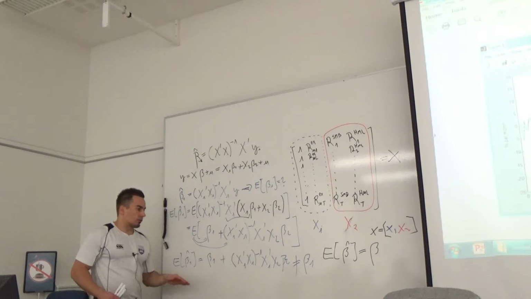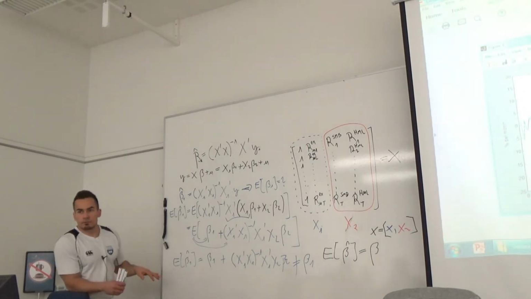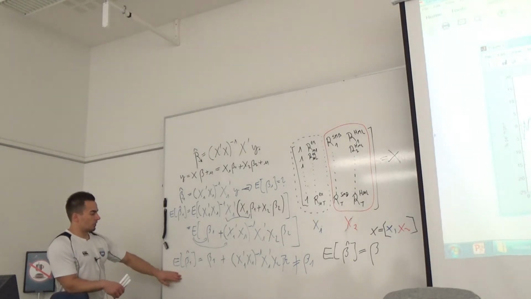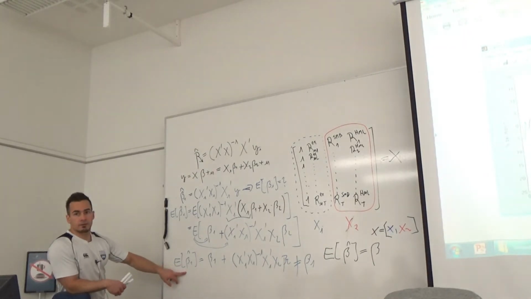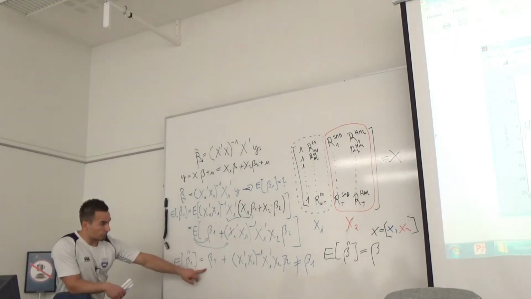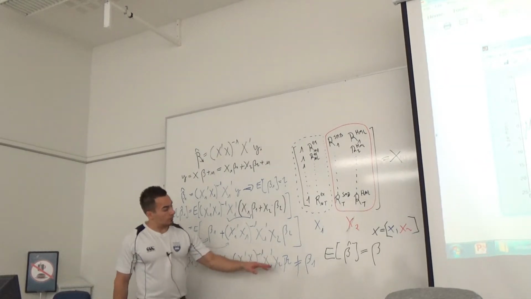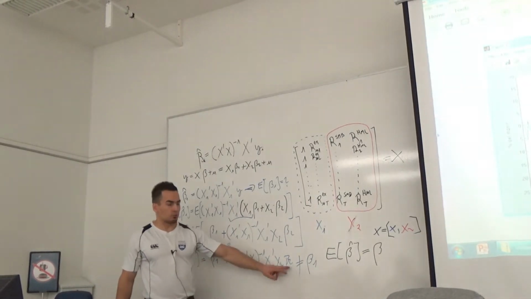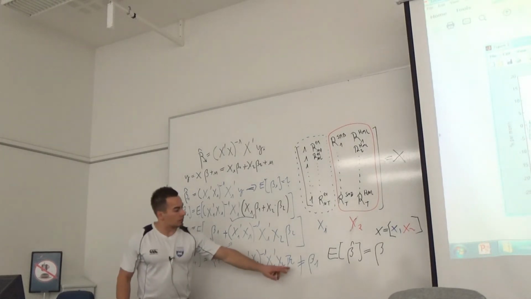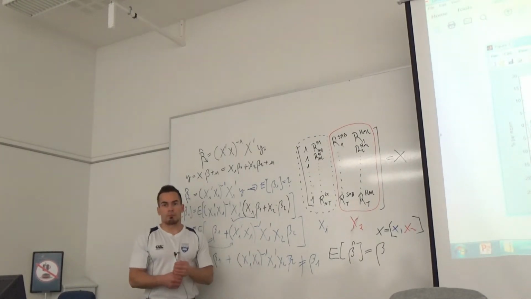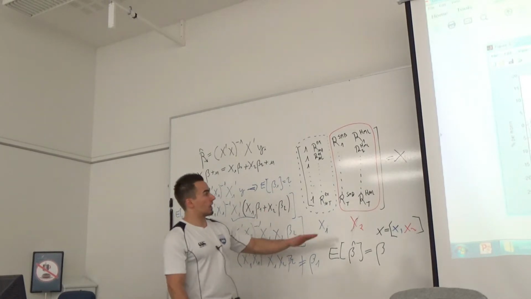So what we get is a biased estimate. The expectation of our OLS point estimator is not beta. It's beta plus some linear combination of beta 2. Our point estimates are polluted by beta 2, by the regressor matrix that we have neglected.